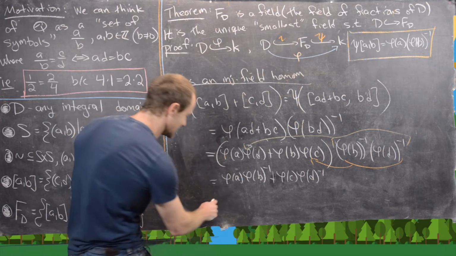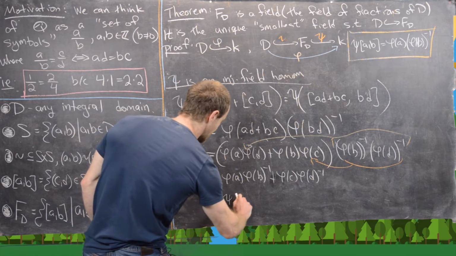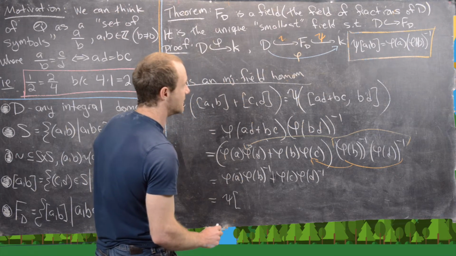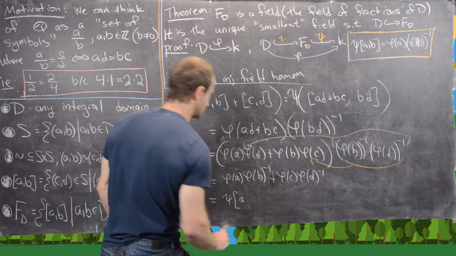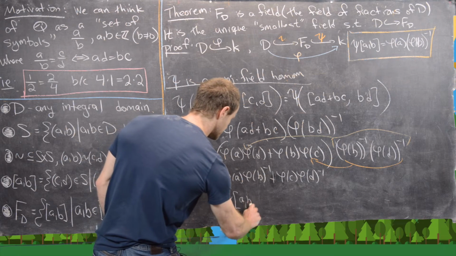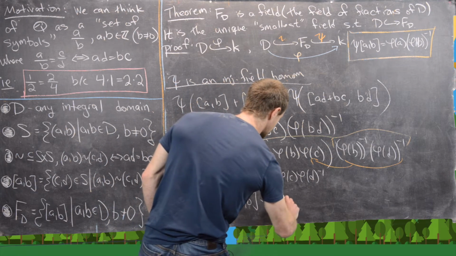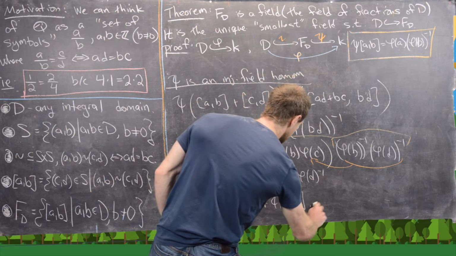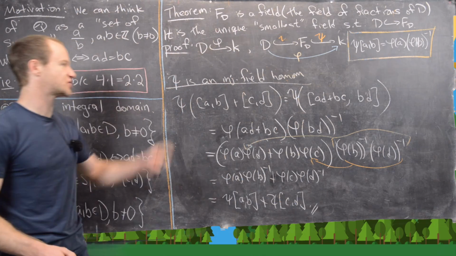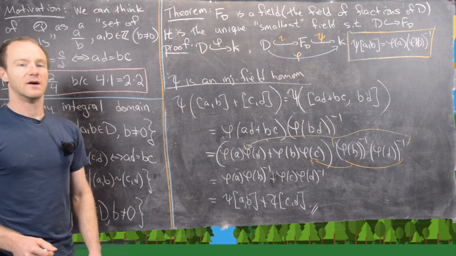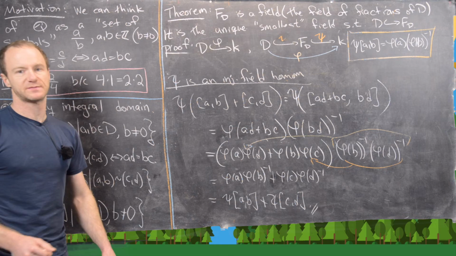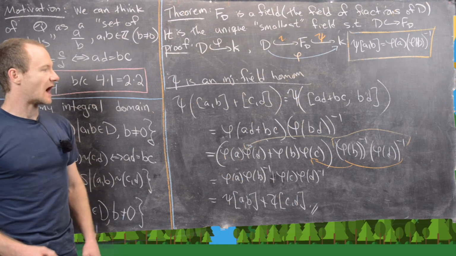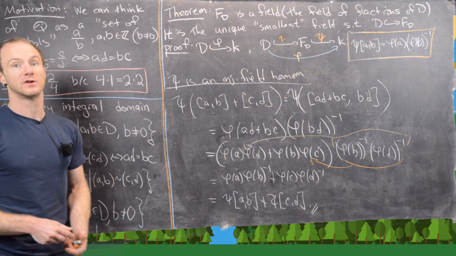But notice that is exactly equal to psi of AB plus psi of CD, which is exactly what we want to show for this to be a homomorphism with respect to addition. Okay, I'll go ahead and clean this up and then we'll look at the multiplication.